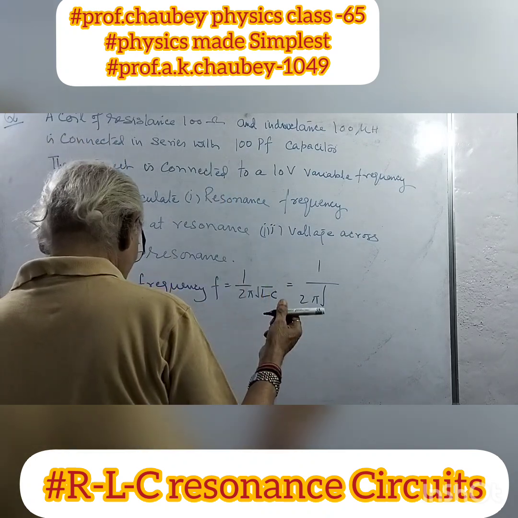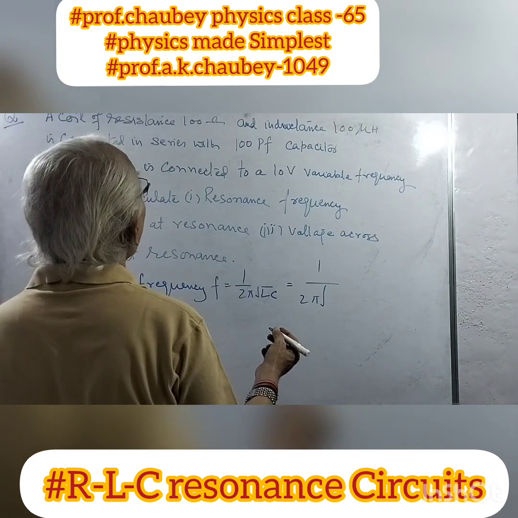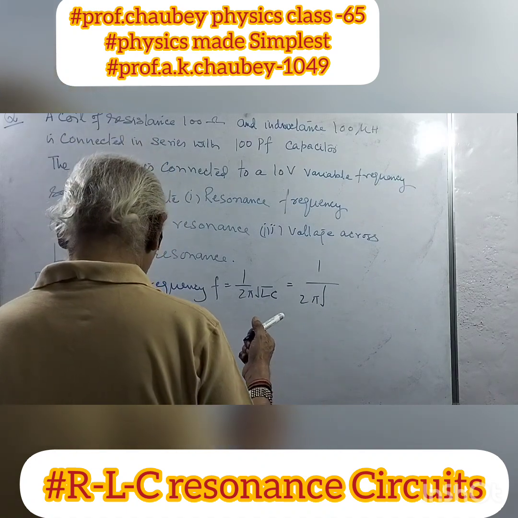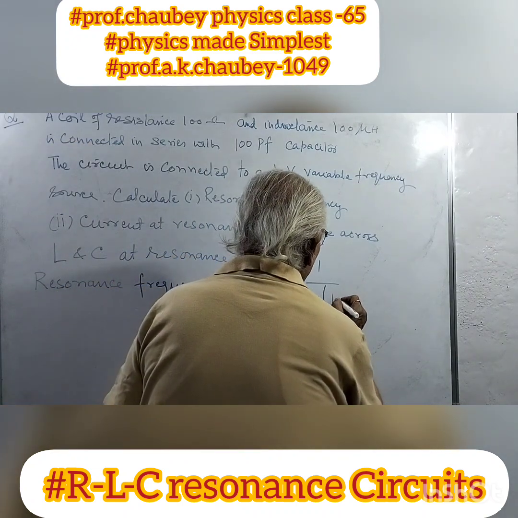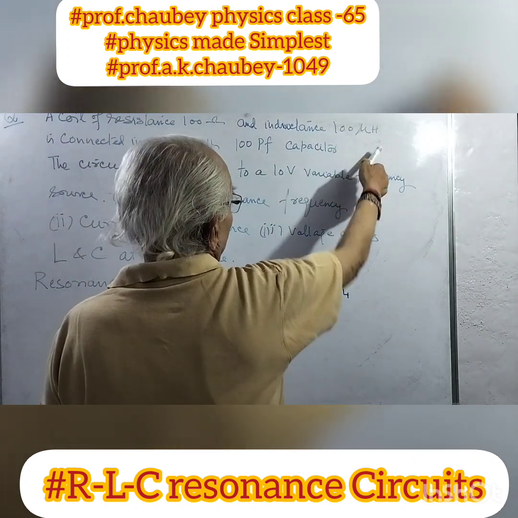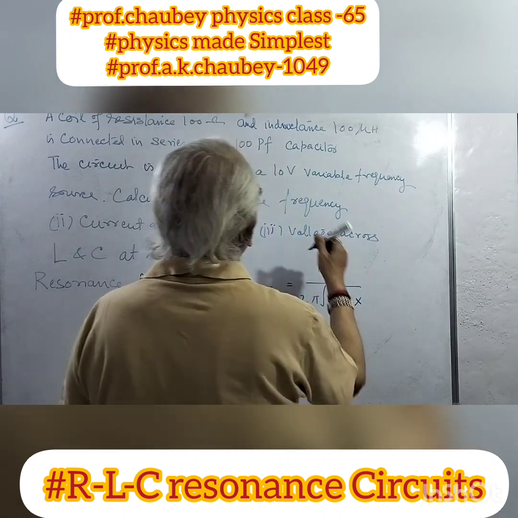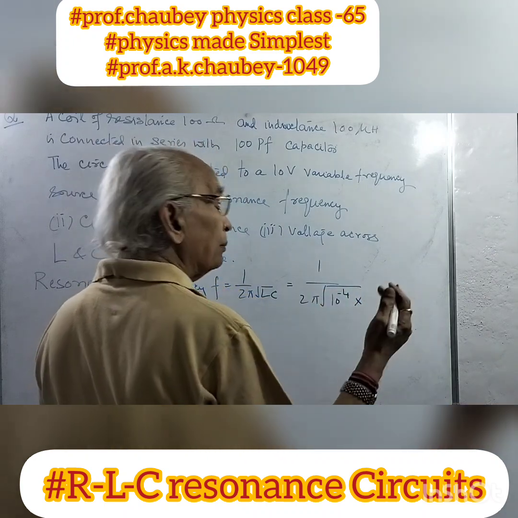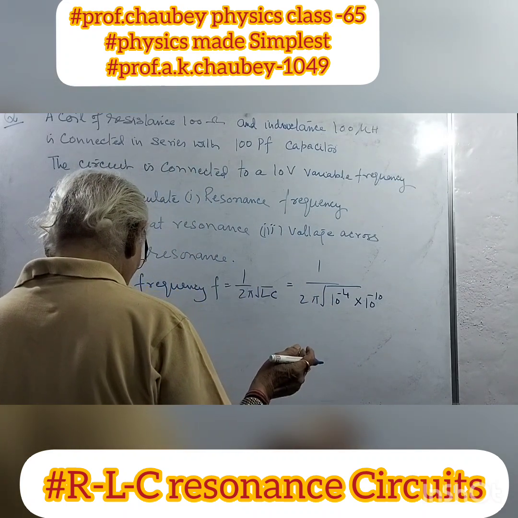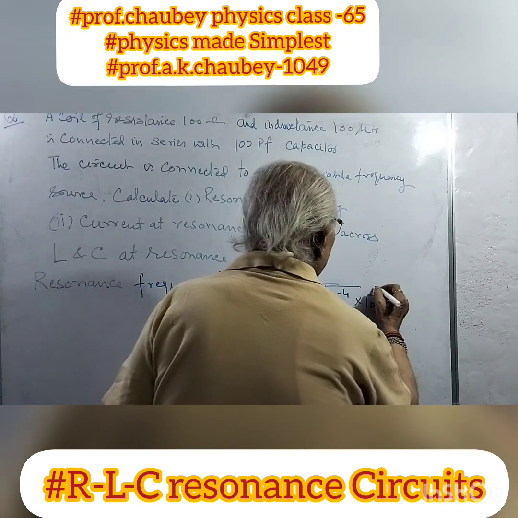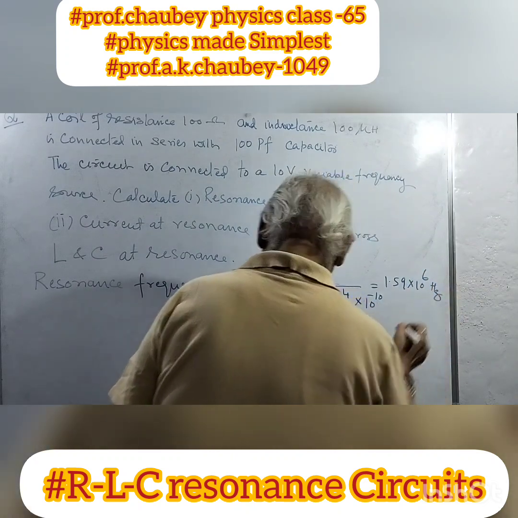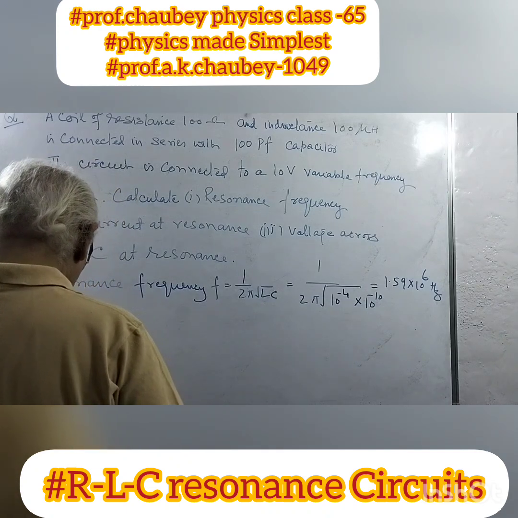The coil resistance is 100 ohm R. Well, this you can calculate: 1.59 times 10 to the power 6. This is the frequency.